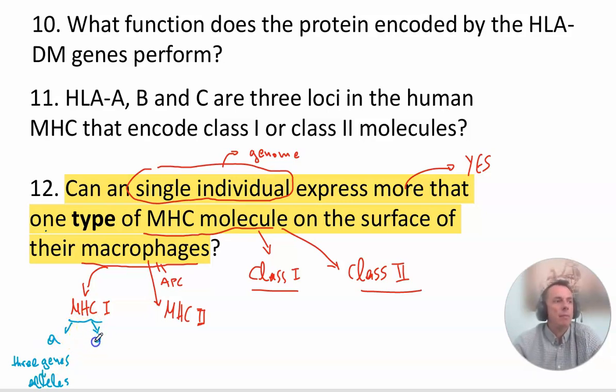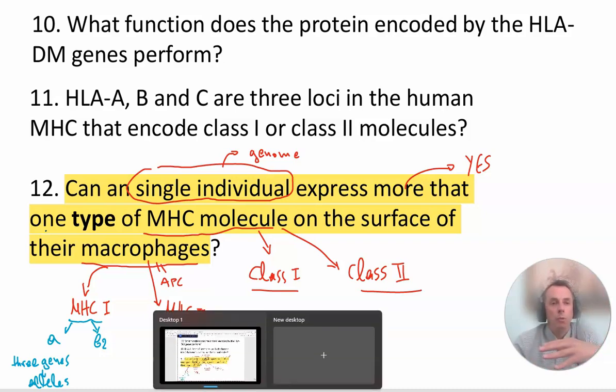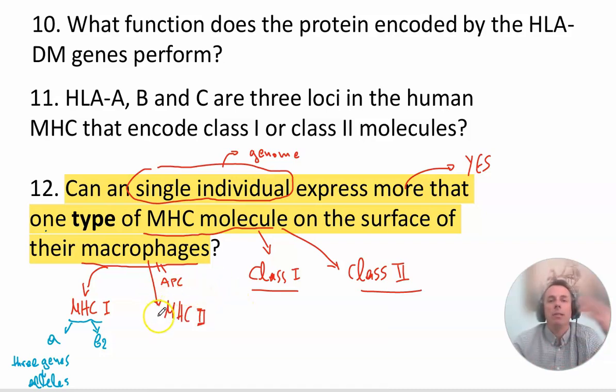We haven't said anything about the beta 2, the other small polypeptide chain of the MHC class 1 molecule. Unlike the highly polymorphic HLA genes, the beta 2 gene is relatively conserved, does not have many alleles, so it doesn't add to the variability of the MHC class 1 molecule.